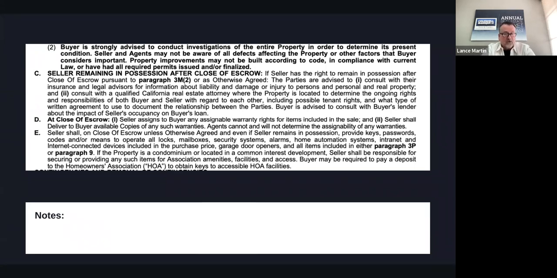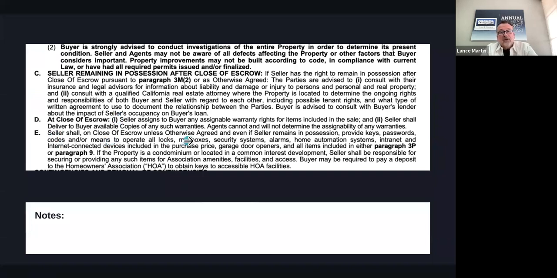If it does have a warranty and if it's transferable, it's the seller's responsibility to give that documentation over to the buyer. This, by the way, has nothing to do with home warranty or home protection plans. This is talking about warranties that are in existence at the time, appliances, that sort of stuff.